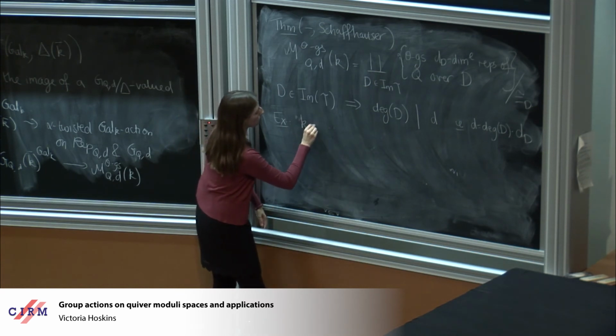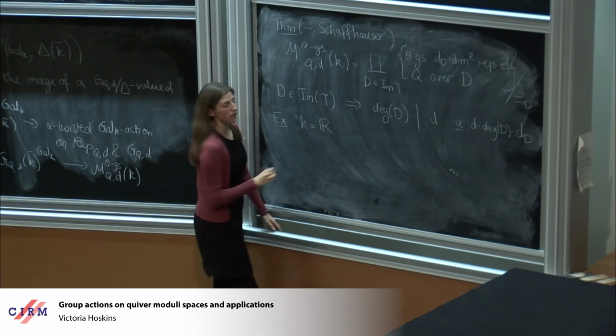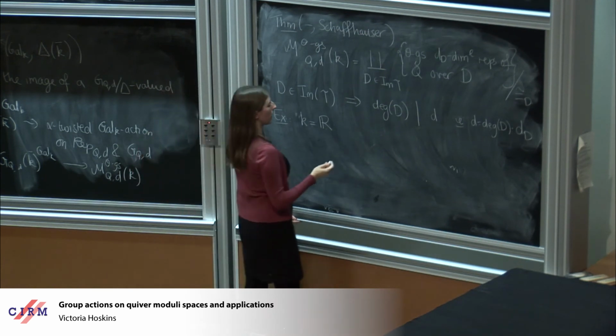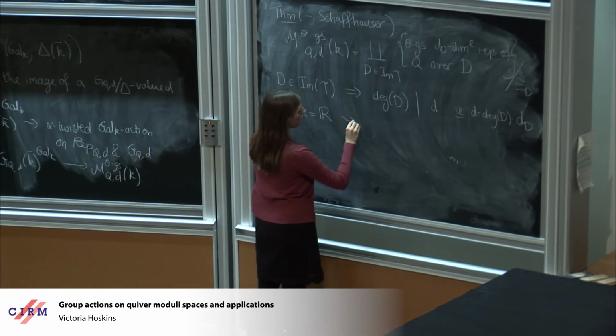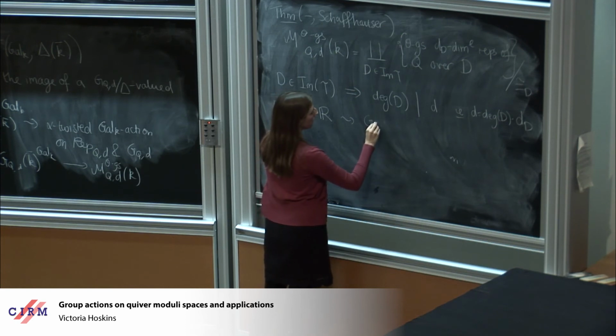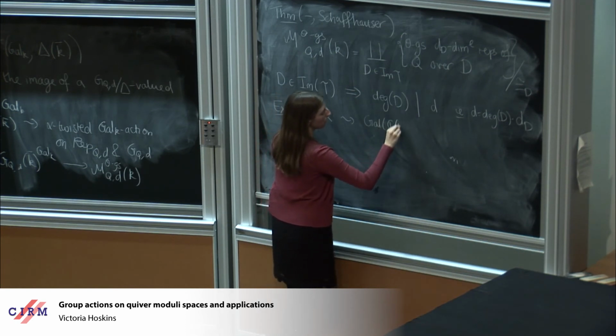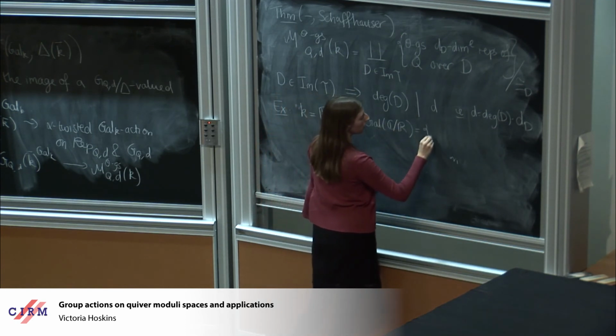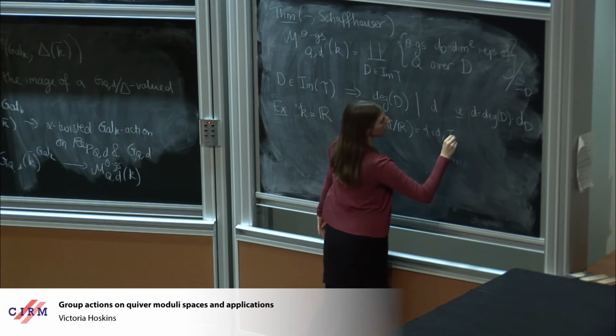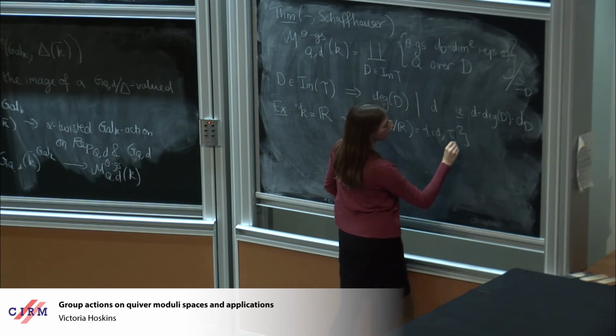And that's when we take K to be the reals. So in this case, the Galois group is just the identity and complex conjugation.